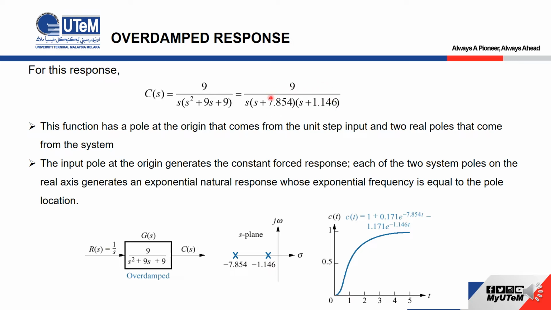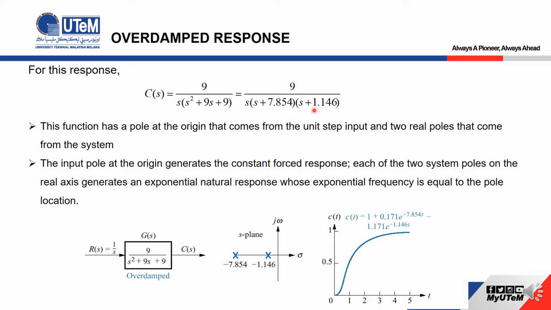As you can see, there is a pole at the origin that comes from the unit step input, referred to by this component 1 over s. And we also have two real poles that come from the system.